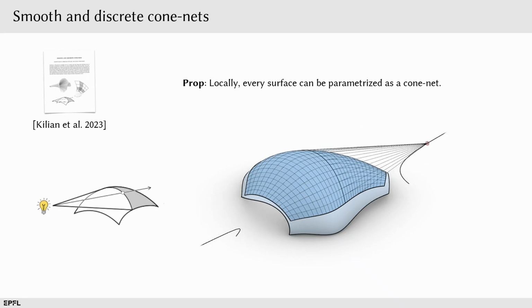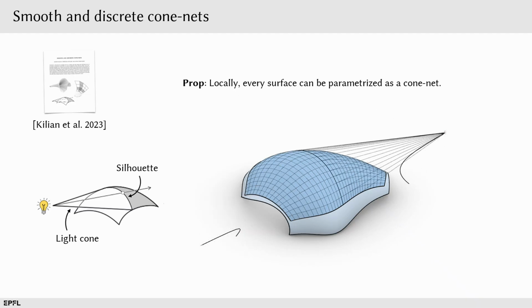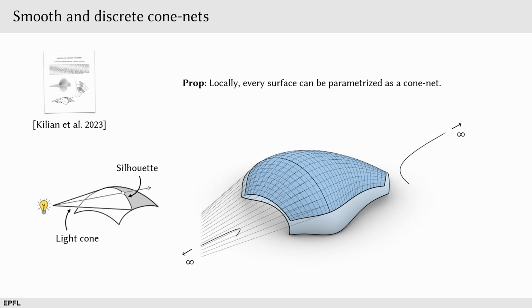If we think about a point light source, the light cone made by the rays connecting the light with the silhouette is a tangential cone in our sense, and moving the point light along a space curve will yield a one-parameter family of silhouettes which form the V parameter or U parameter curves of a cone net. A light at infinity, as we see here on the right, corresponds to a tangent cylinder, which can be considered a cone with an apex at infinity.